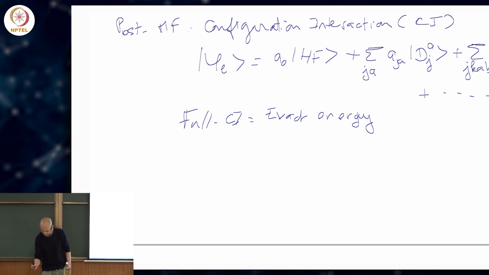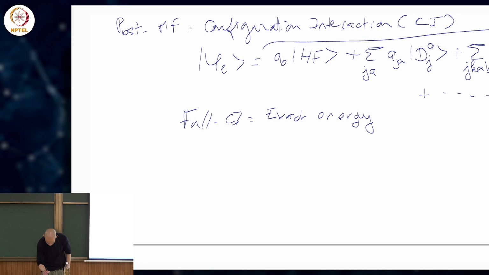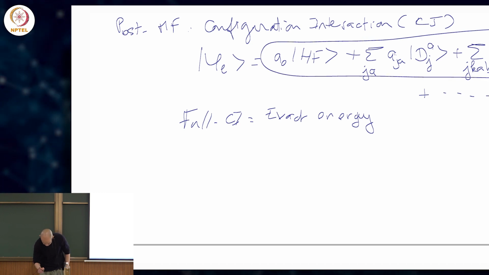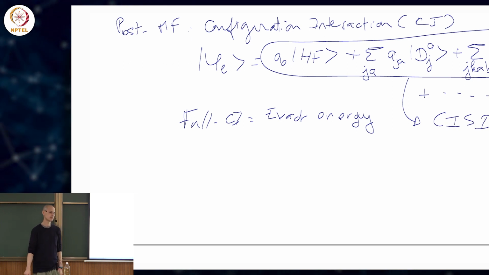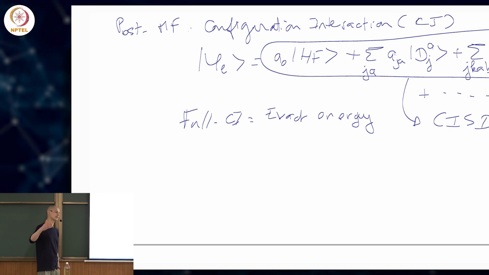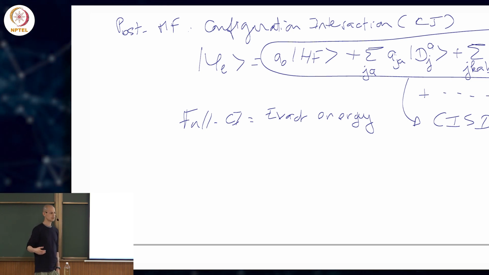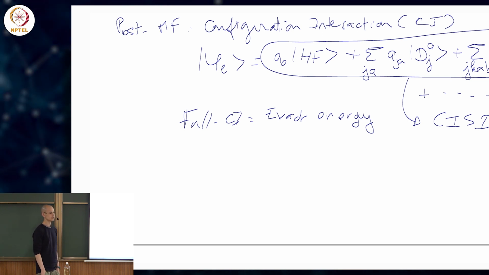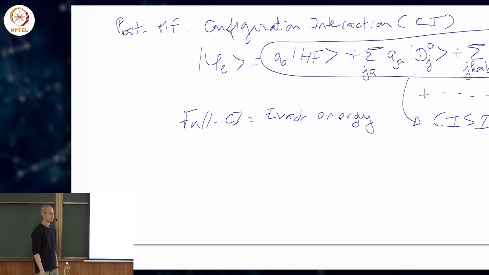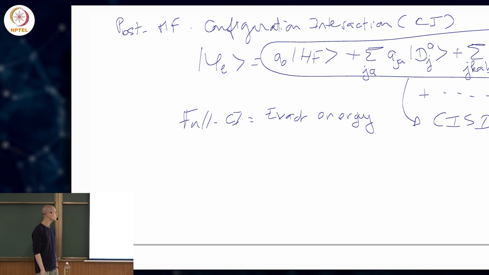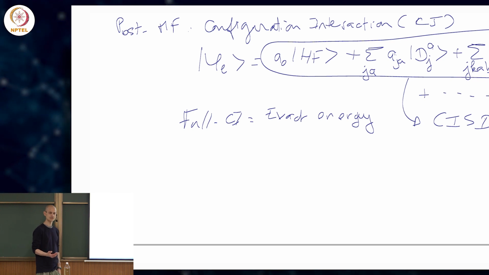So what we do is that we take only this part here, and this we call CISD. So it's configuration interaction with singles and doubles. You very often find this kind of method. And if you do that, then you start to include some correlation.